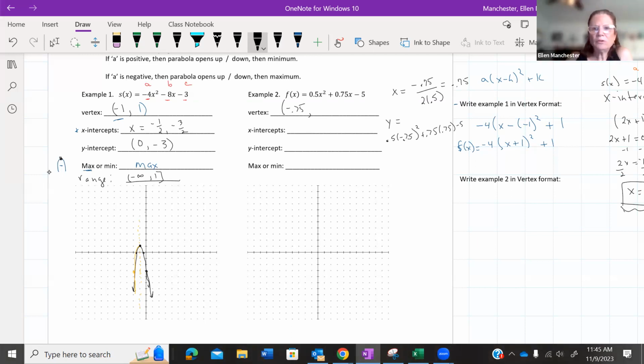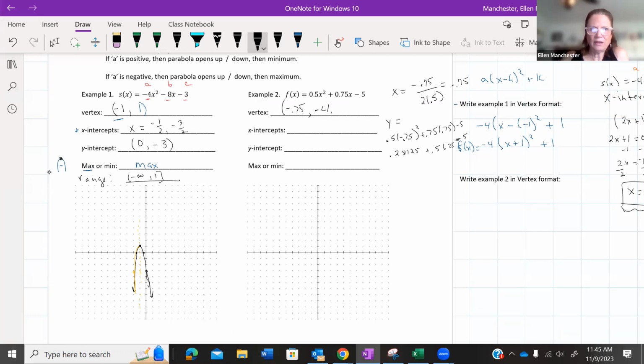And this is where I'll write it down just so that you guys know that your calculators are doing the same thing. Right.